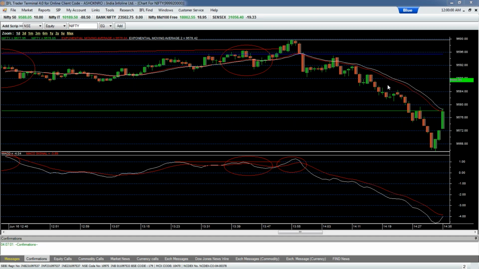I made a profit of 15 points on Nifty futures, right? So I wanted to keep it steady, and I wanted to make a steady profit. I didn't want to go with options because options was going higher though the market is going lower, right?